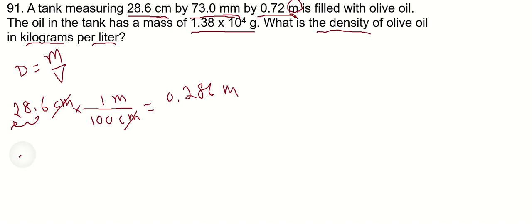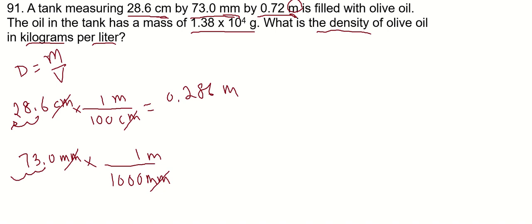All right, there's that one side in meters. Let's do the other one. 73.0 millimeters. We can turn millimeters into the base meters, because there are 1,000 millimeters in 1 meter, so that's dividing by 1,000. That's 1, 2, 3, so that's going to be 0.0730.